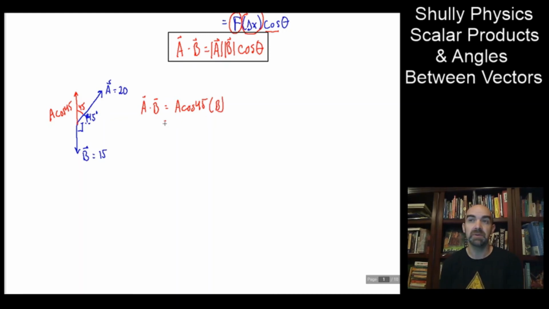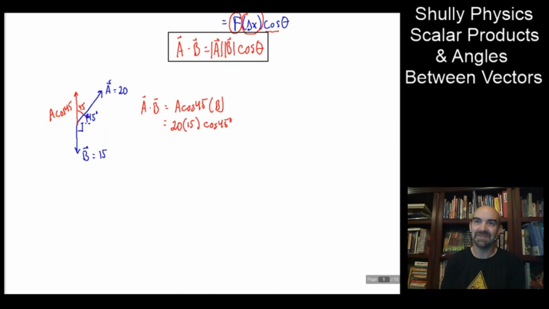Filling in some numbers, 20 is the magnitude of A. I'm going to bring the B over here to be next to the A. 15 is the length of vector B, and cosine of 45. Okay. Now, you might take a note that cosine of 45 is equal to the cosine of 135.